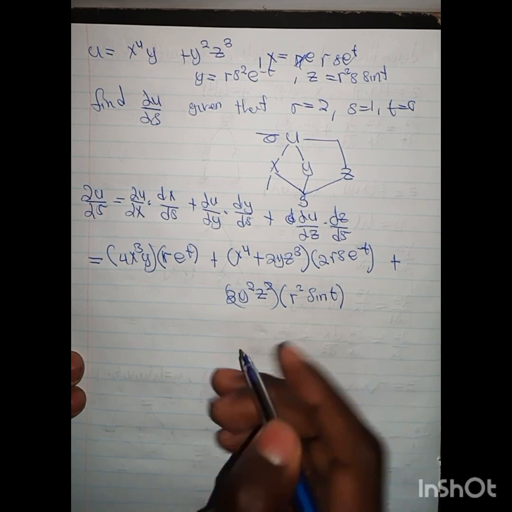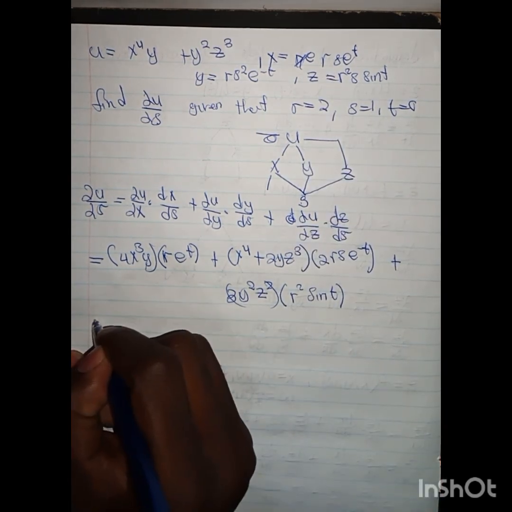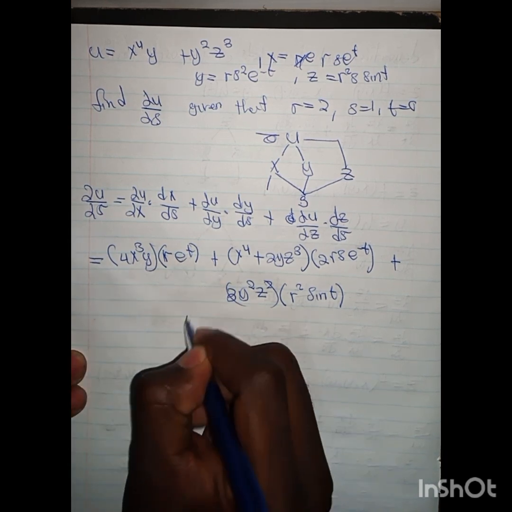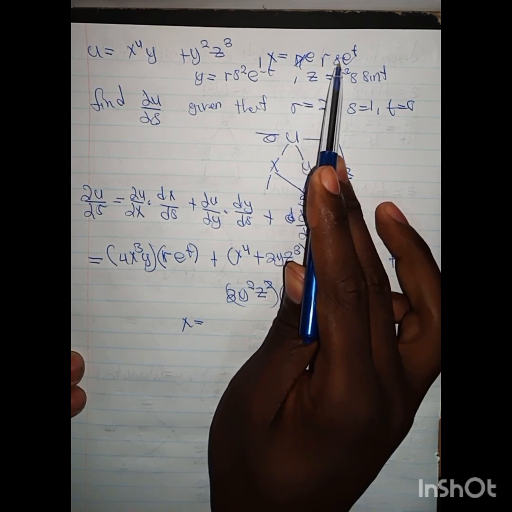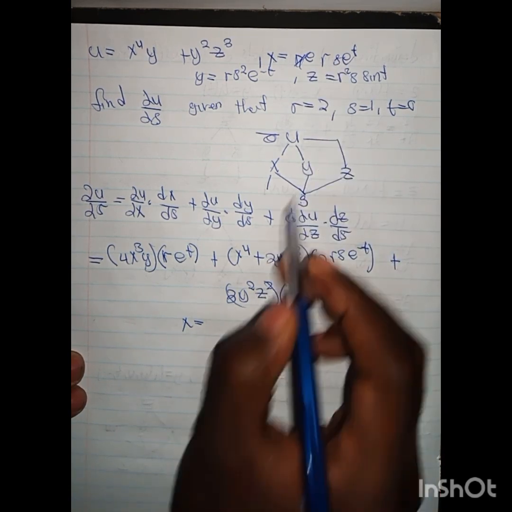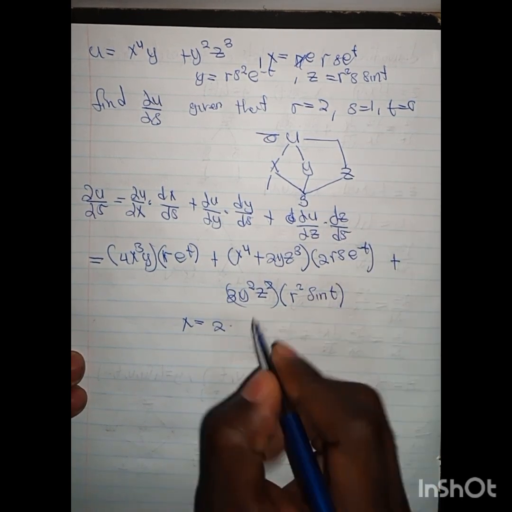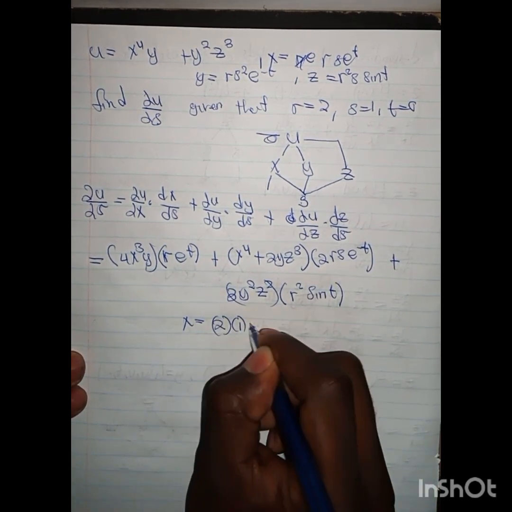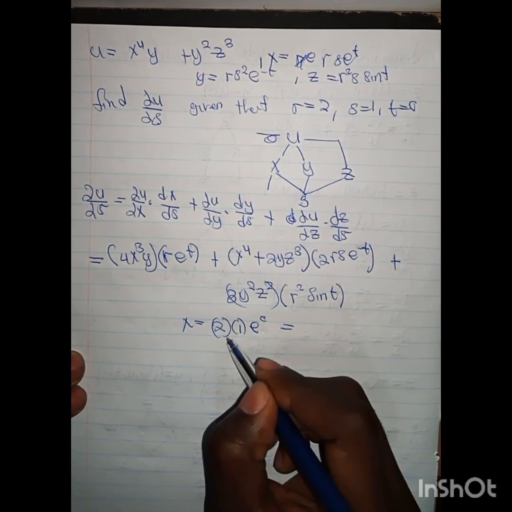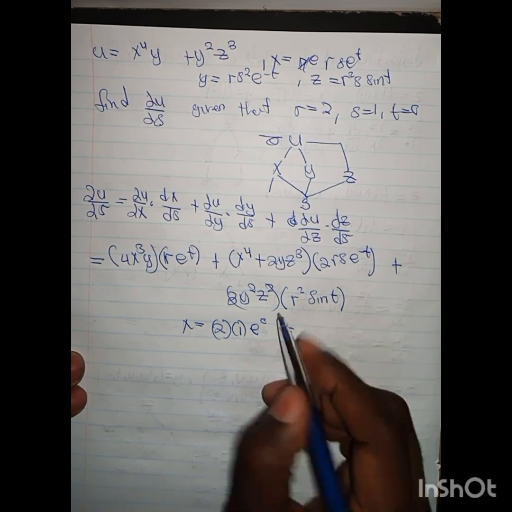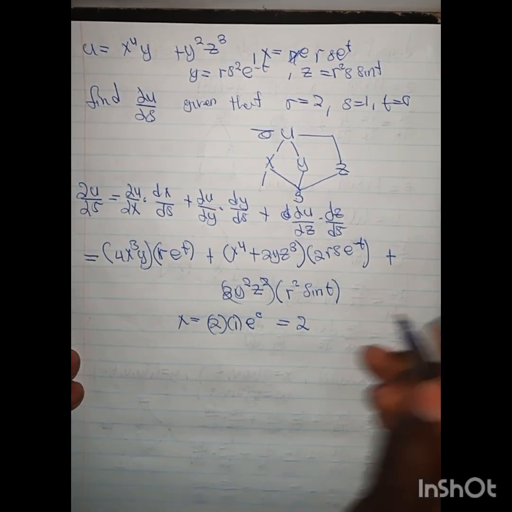We can find x from this: x is equal to r s e to the power t. However, they said r is 2, s is 1, t is 0, which means then now we have 2 times 1, which is just a 2, and then e to the power 0 is a 1. It means the value of x is 2.